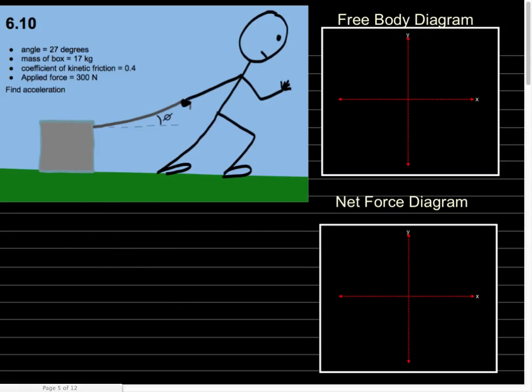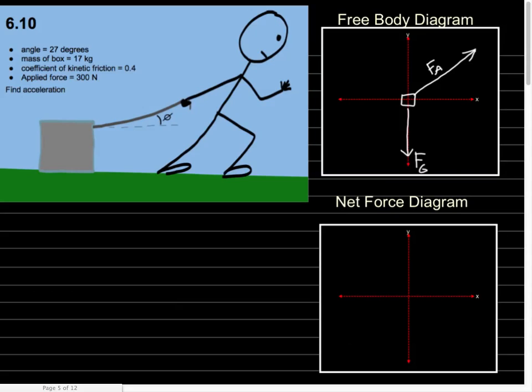So finding the net force of a two-dimensional problem, you always start with a free body diagram. So looking at this block, we realize gravity is pulling down. We'll call it Fg. We know that he is pulling at a very shallow angle, and we'll call that Fa for just an applied force.